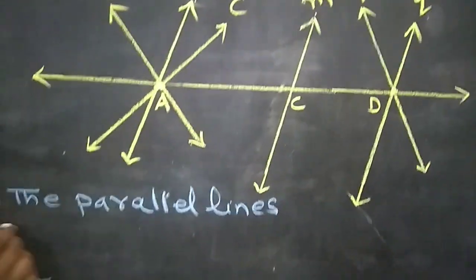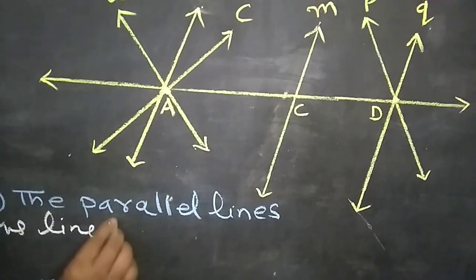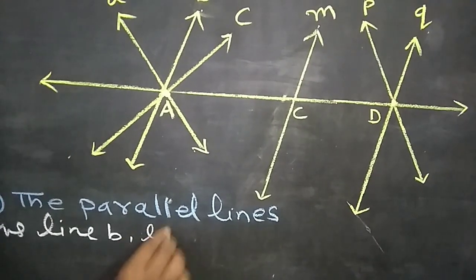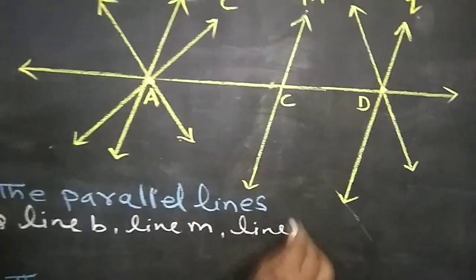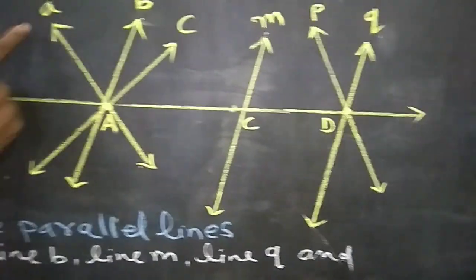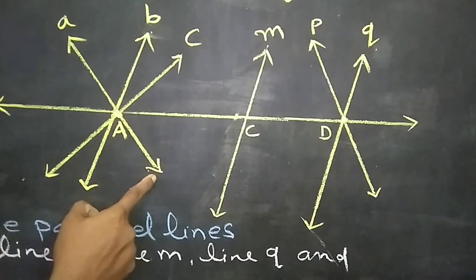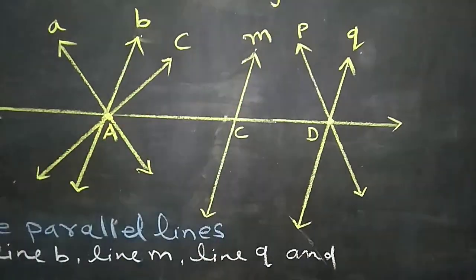So first one, line B, line M, line Q, and one more thing you can see here, line A and line P. These both lines will also be parallel to each other.